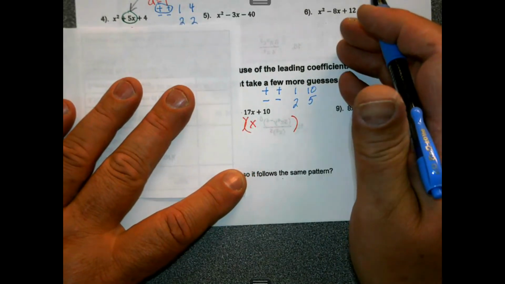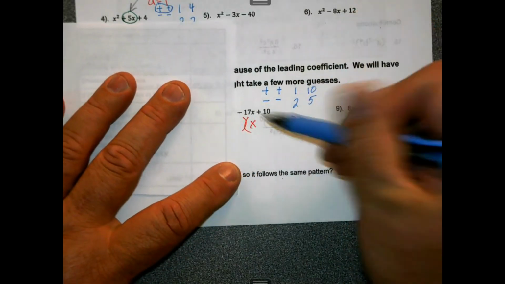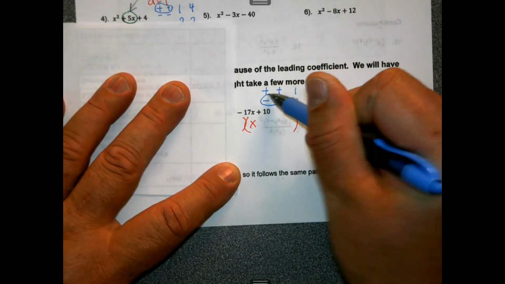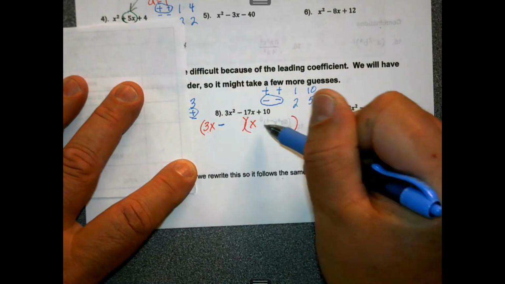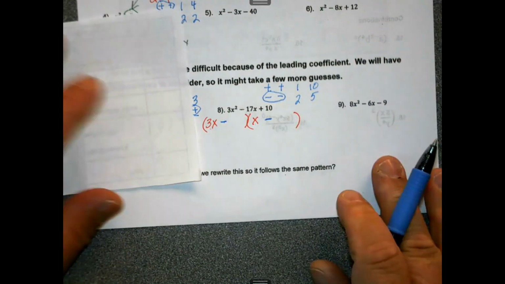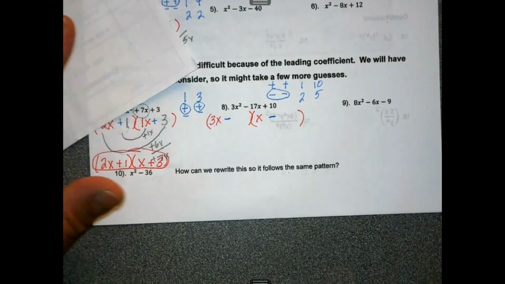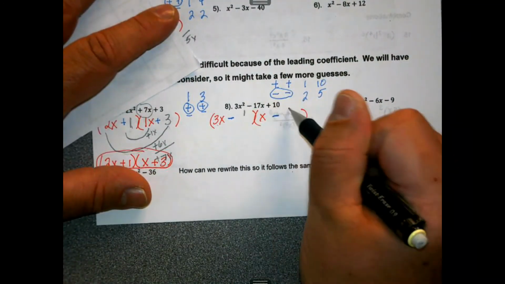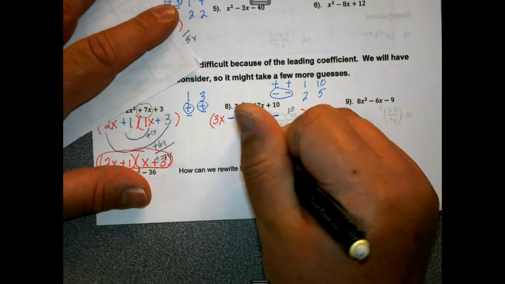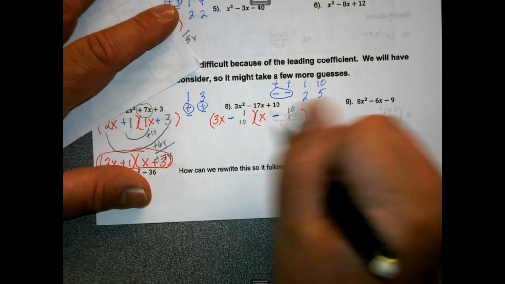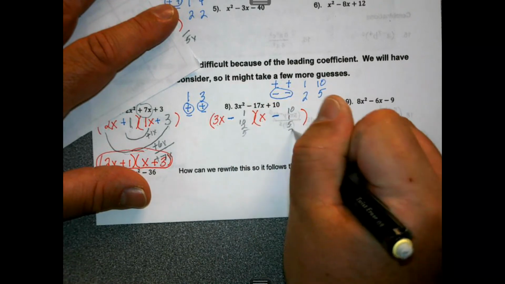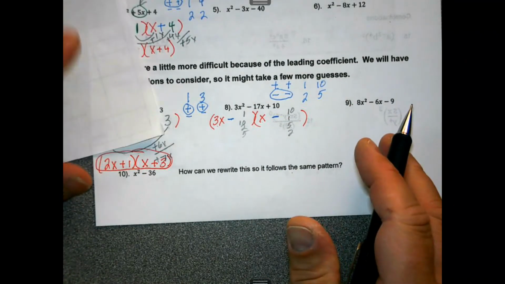I'm going to look at the sign of my b term, and it's a negative, so I'm going to have to use negative times negative. All right. Now I have to try either 1 times 10, maybe 10 times 1, 2 times 5, or maybe 5 times 2. So now they're getting even a little harder here.